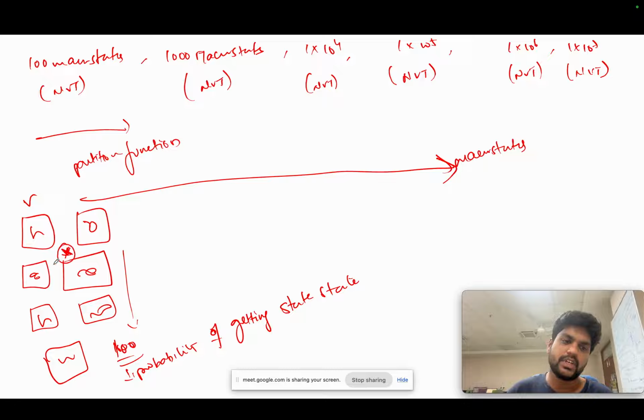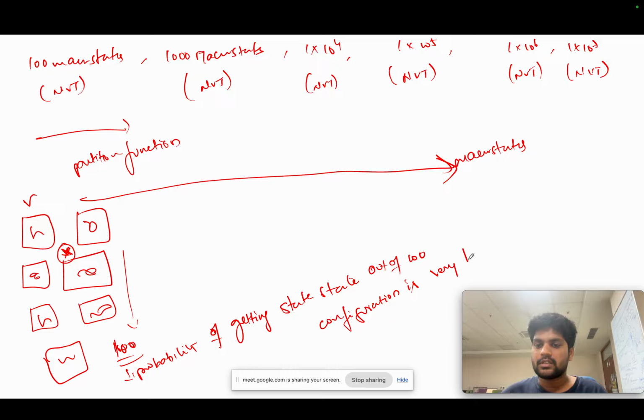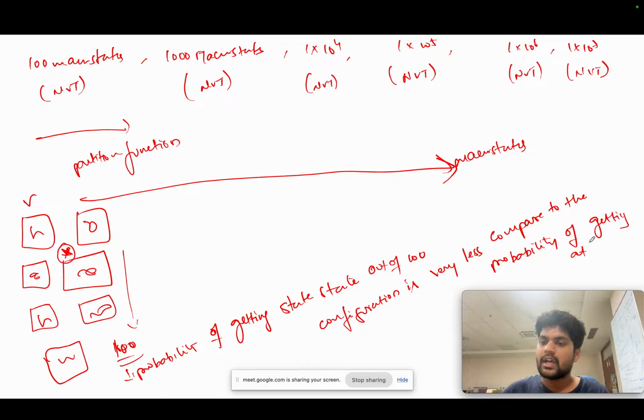If I say this is the stable state, the probability of getting the stable state out of 100 configurations is very less compared to the probability of getting it at a higher rate, meaning with higher microstates. So if you have more microstates of similar values, then you have the probability, because that's where the ensemble formula comes.